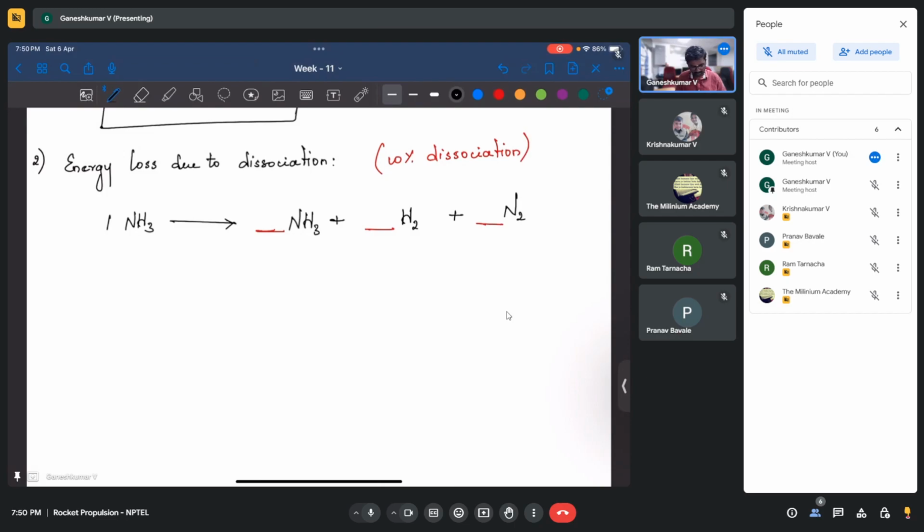So after dissociation you will have 0.9 moles of ammonia. The remaining 10% is going to dissociate. Then what are the moles of H2 and N2 you will have?